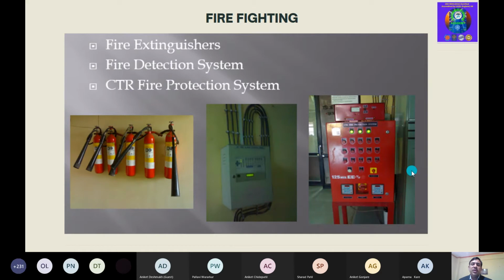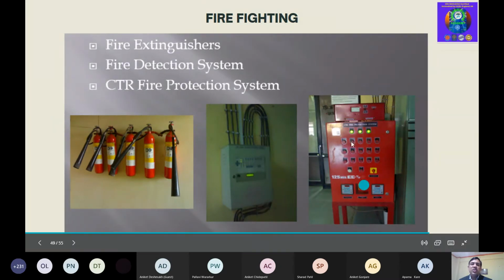It will drain out a certain level of oil, one third of the oil, from the transformer and collect it into the sump, and nitrogen gas will be injected into that transformer, so that oxygen will not enter the empty space. If oxygen enters, it will catch fire. To restrict that, we fill that space with nitrogen, and in this way we protect our transformers from fire hazard. So this is the nitrogen injection system.